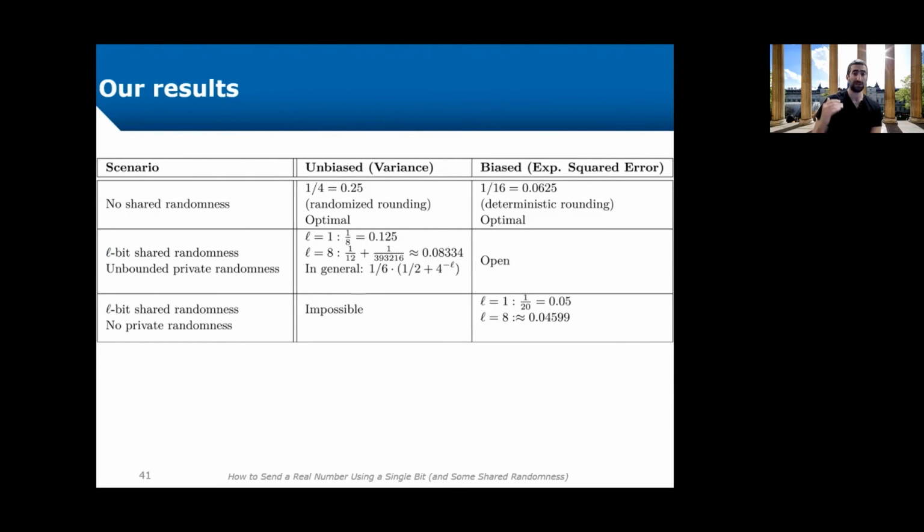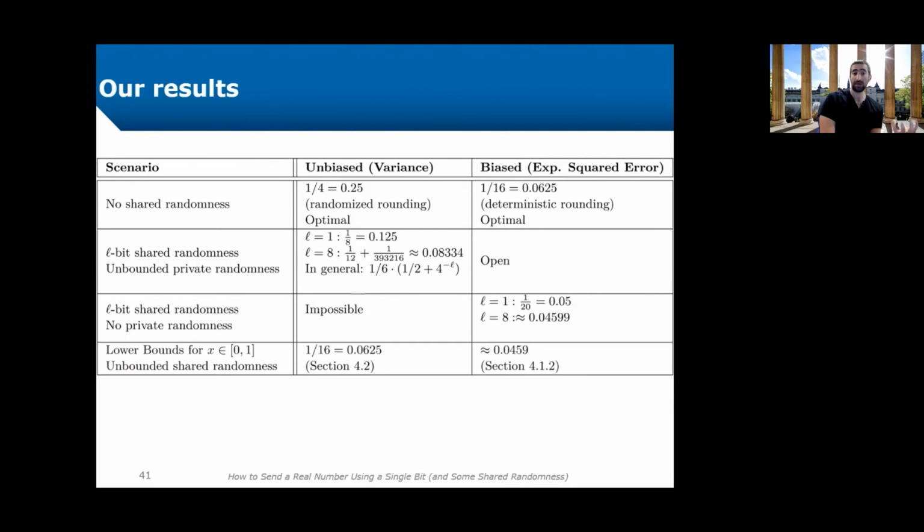That brings the cost down to something like you can see in this table, 0.04599. And what's interesting is that it almost matches the lower bound, matching to 3 decimal digits. Now I'm going to tell you a bit about this lower bound. So we have a near optimal algorithm and a lower bound.